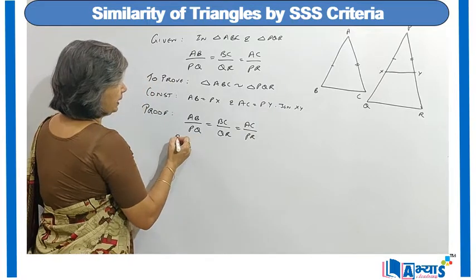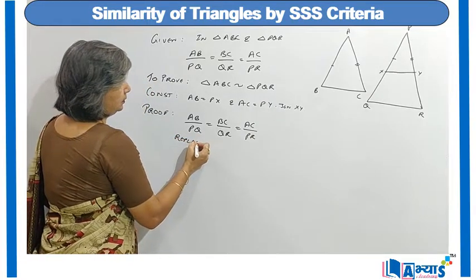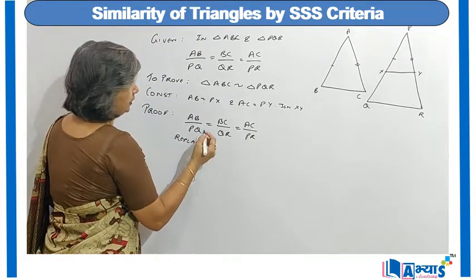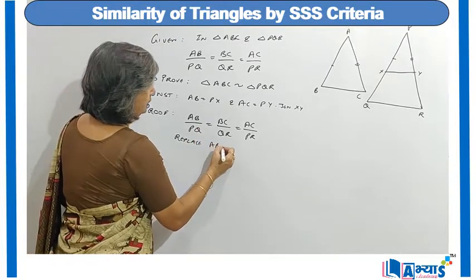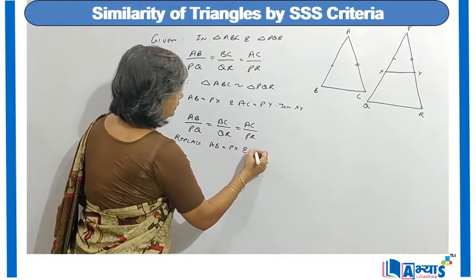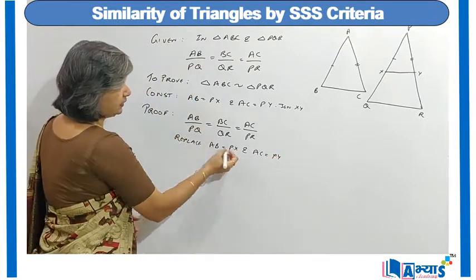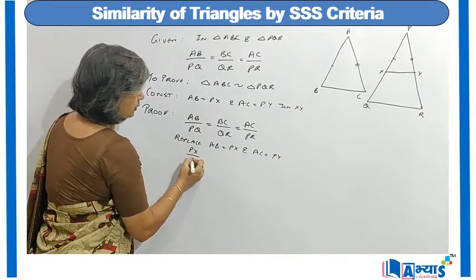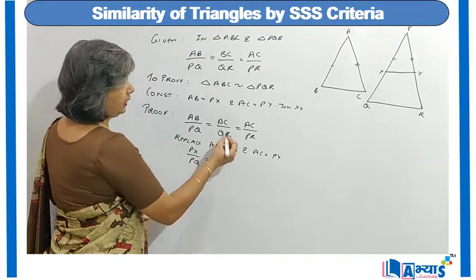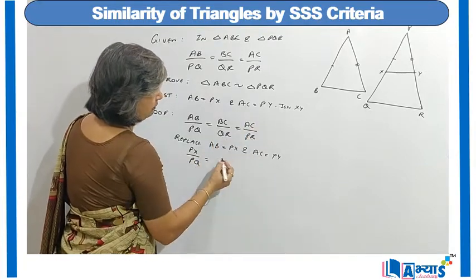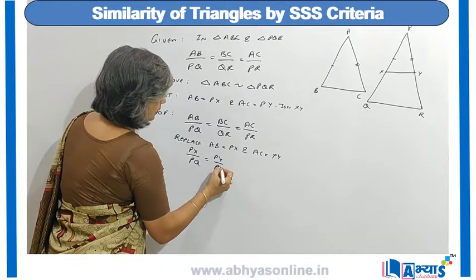So we will replace AB equal to PX and AC equal to PY. So it will become, now AB will change with PX, so PX upon PQ is equal to, and from AC upon PR we will take PY upon PR.